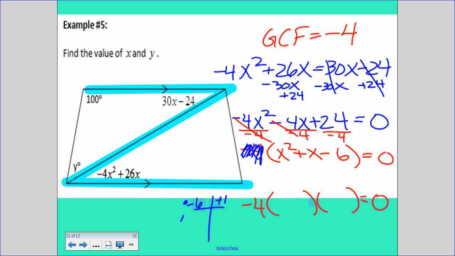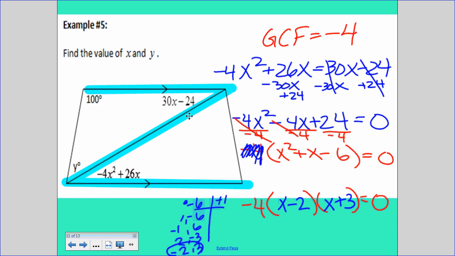So if I do 1 and negative 6 or negative 1 and 6, that's negative 5 and 5. And then I have 2 and negative 3 or negative 2 and 3. Which one do you want to pick? Ash? Yes, negative 2 and 3. So that goes right in the parentheses, x minus 2, x plus 3.